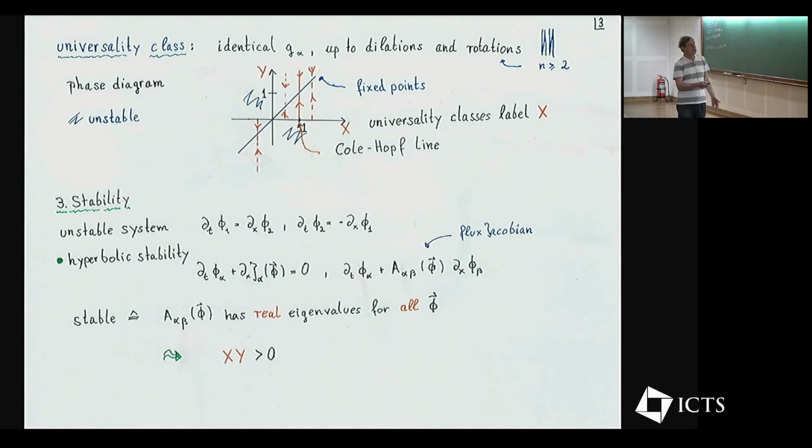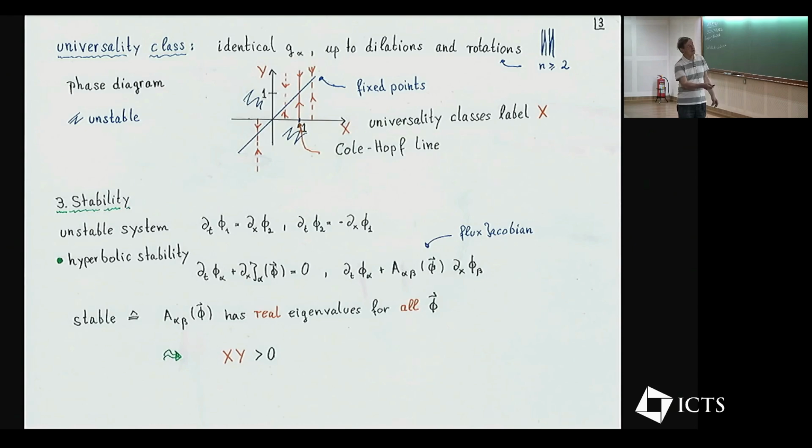The general result is that if I take a hyperbolic system, which I've written down here, these are the various components. This is the current, which of course depends on the field. Then you push this through, as we have seen already in Jacobo's talk, and you can write it in this particular way, and this is the flux Jacobian.